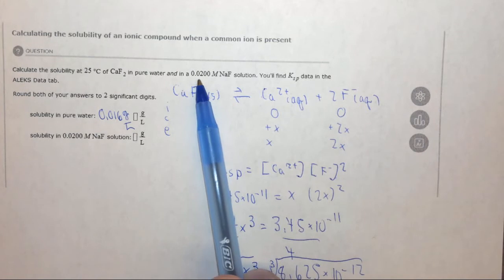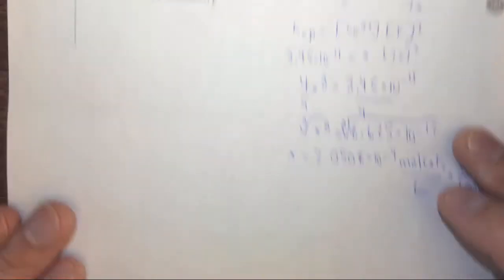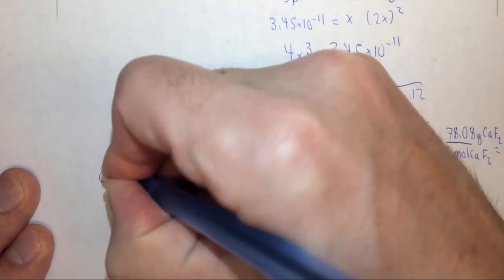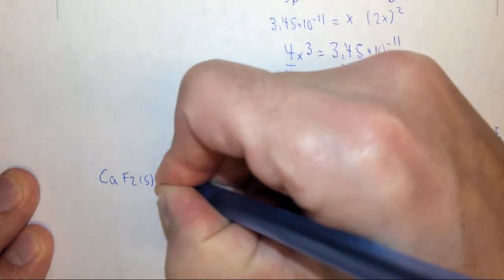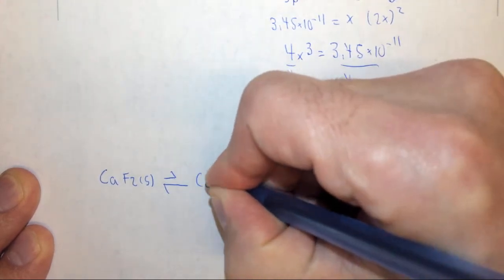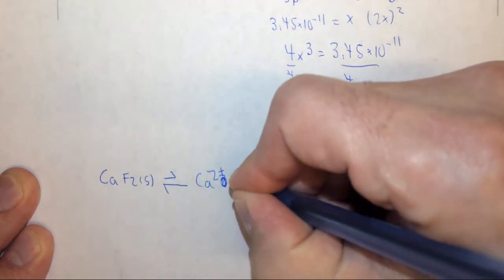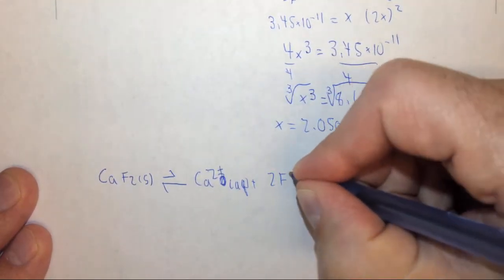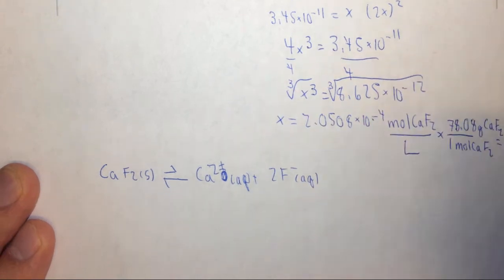Now, in the second case, we start with the same equation. The only difference is we have 0.02 molar NaF in solution. So let's look at this again. We have CaF2 solid, and we get Ca2+ aqueous plus 2F- aqueous.